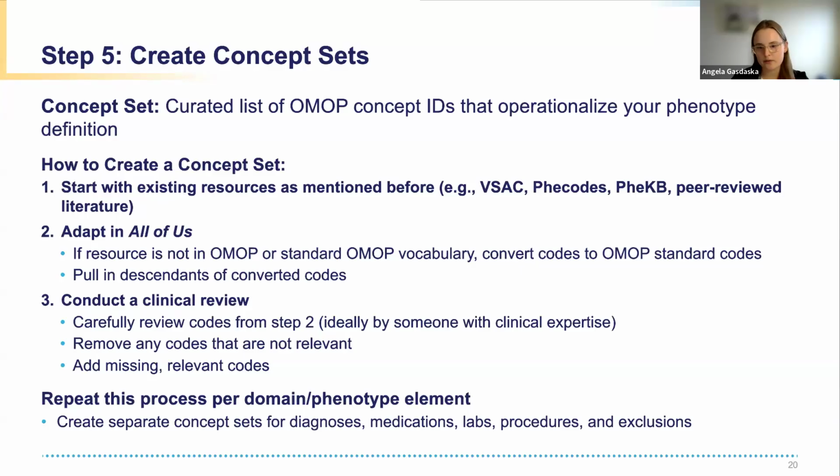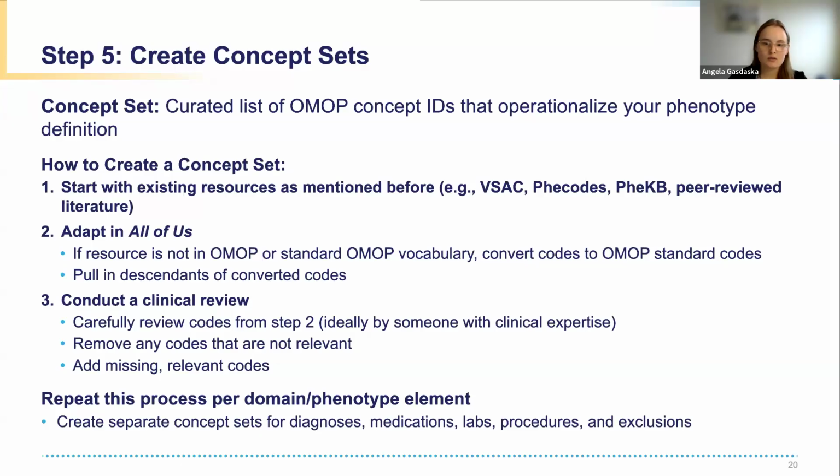There's lots of great resources out there. Second, if the resource you found is not already in OMOP format, you will want to convert that to OMOP standard concepts, and then also pull in any descendants of those converted codes to capture all the specific variations. And then finally, in step 3, and this is really critical, is to conduct that clinical review.